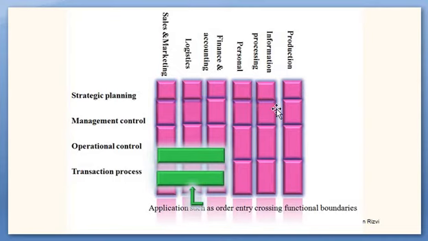If we talk about the second level in the production department, it interacts with the second level in the information processing department. Then this level interacts with finance and accounting, logistics, and sales management. So the same level but different departments interact with each other.